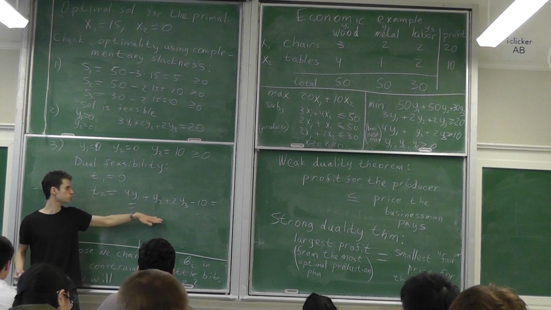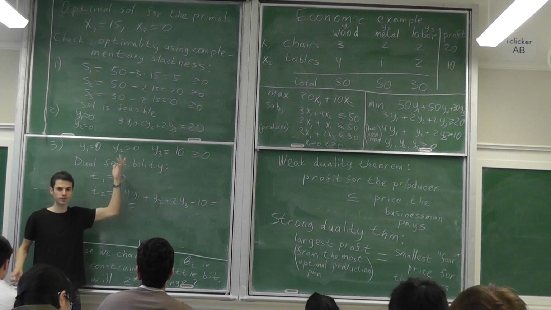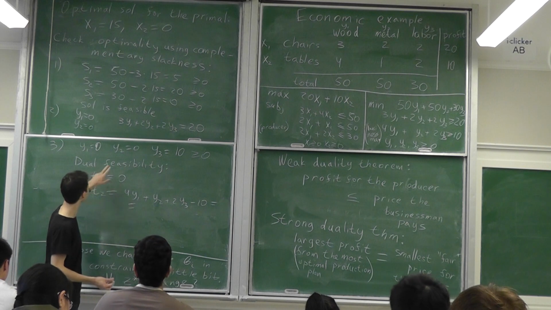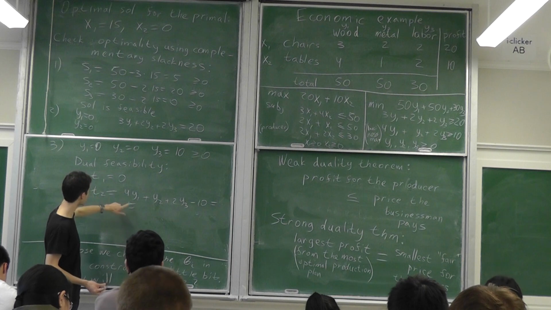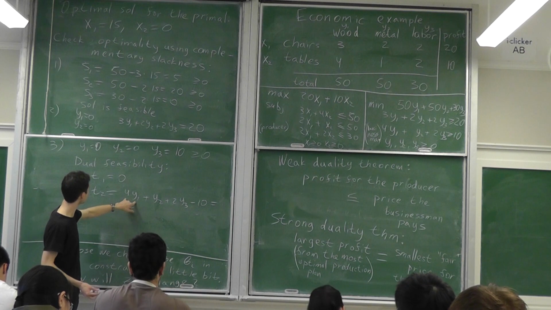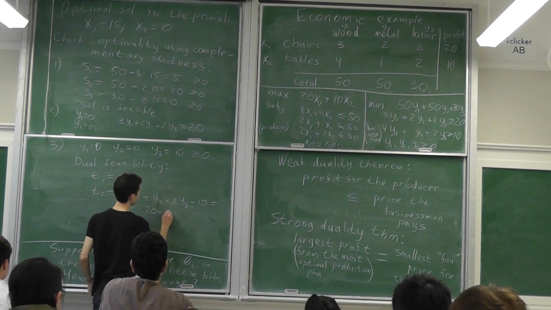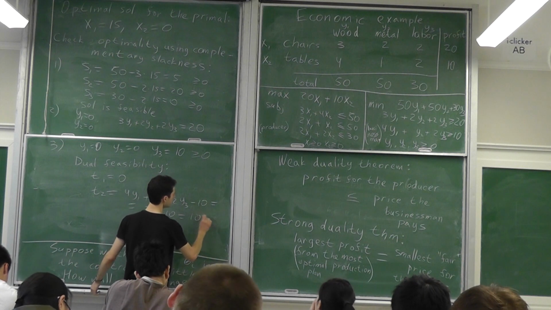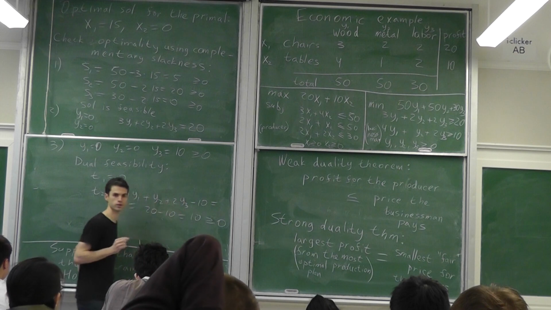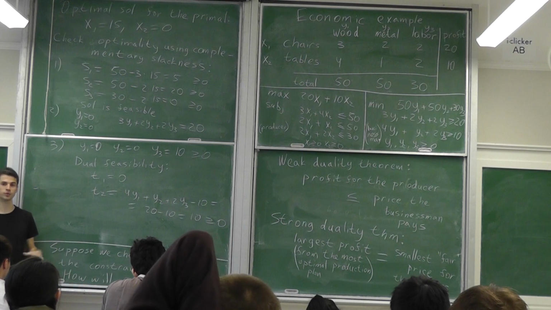We have the optimal solution. If we get a negative number, then the original was not optimal. So let's see what we get. 4y1 plus y2 plus 20 minus 10 is 10. Okay, it's positive.